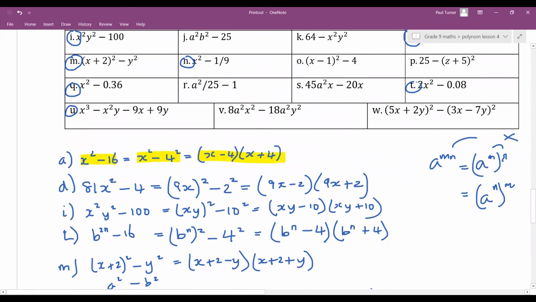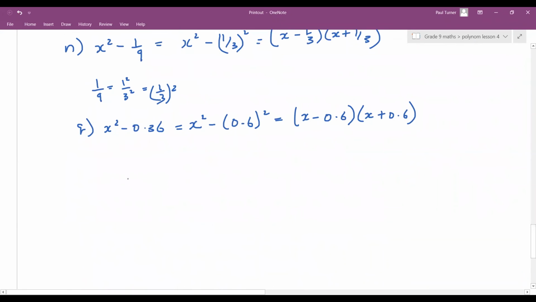What about t? 2x squared minus 0.08. In this case, I would factorize out the 2. So take out 2, you'll get x squared minus 0.04. So you'll end up with 2 times x squared minus 0.2 squared.